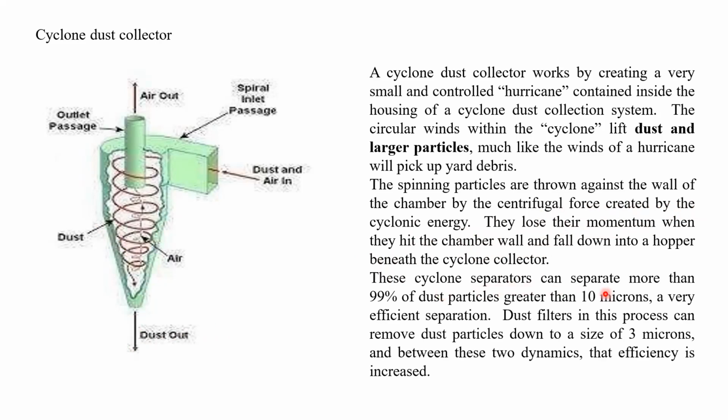This cyclone separator can separate more than 99% of dust particles greater than 10 microns, so particulate matter and sulfur contents also get reduced. Dust filters in this process can remove dust particles down to a size of 3 microns, and between these two, the efficiency is increased.